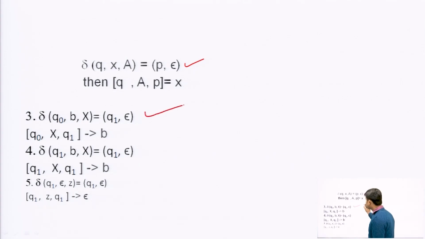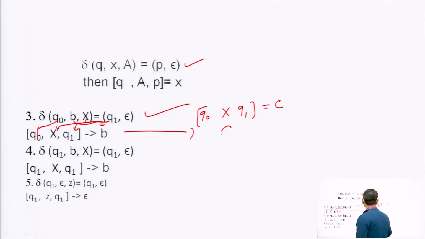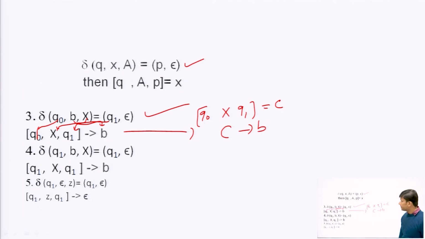So here is the production: you see here q0, this is q0, and this is the stack, and this is the b, and this is the q1. So suppose we assume q0 x q1 is capital C, then this production will be C2 B, for example C2 B. Like that you have to get the production.